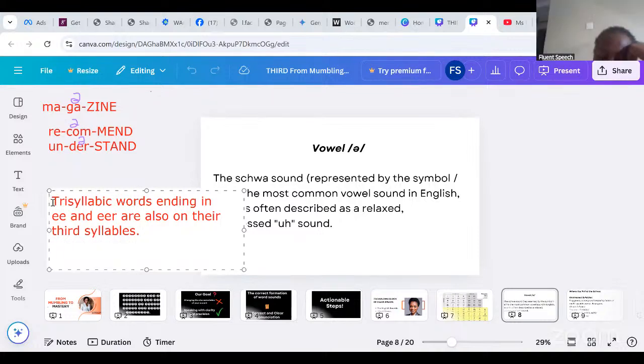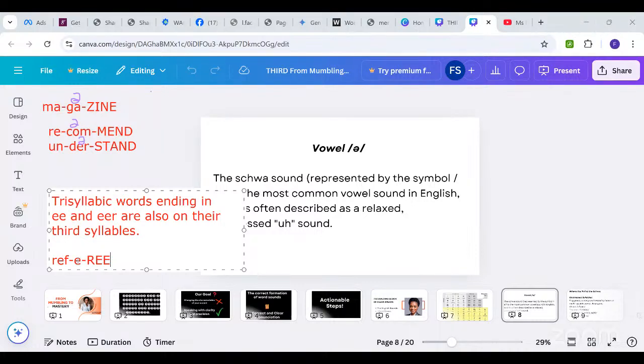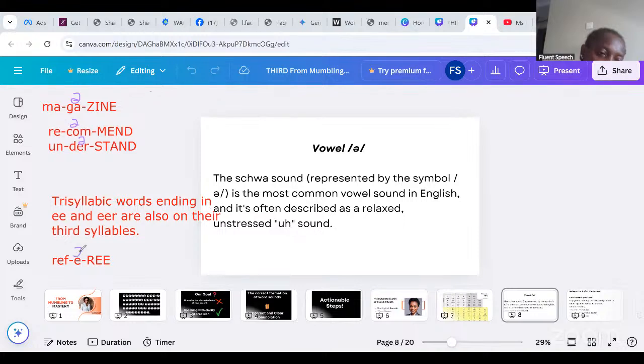So for example, if I have the word referee, the 2nd syllable is a schwa.